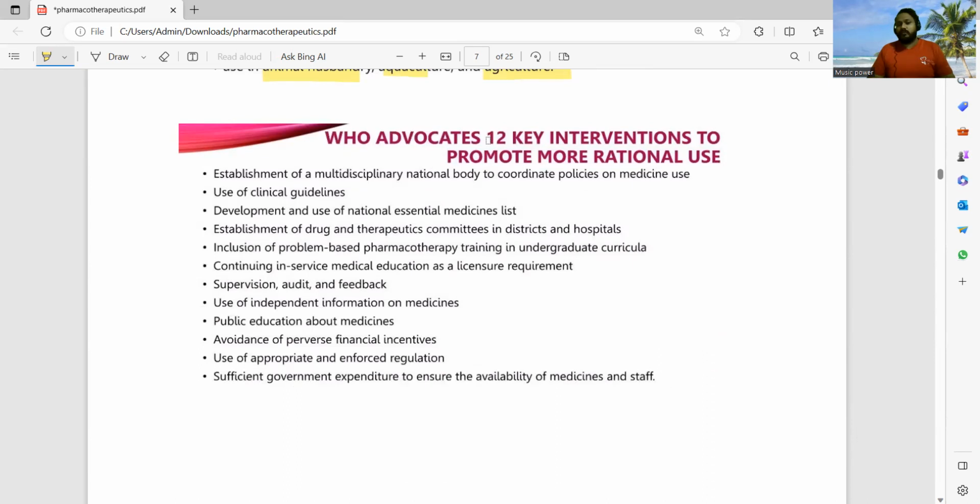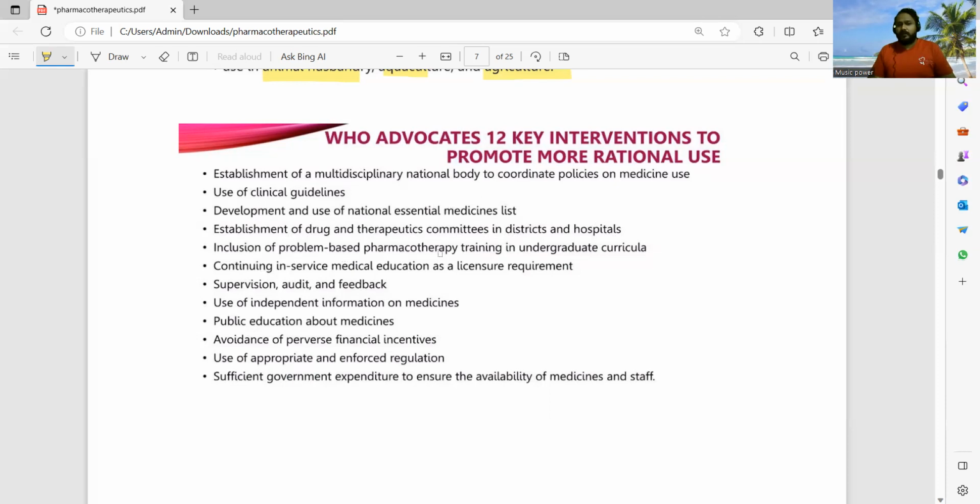WHO advocates 12 key interventions to promote more rational use of drugs. First is to establish a multidisciplinary national body to coordinate policies on medicine use, use of clinical guidelines, and development and use of a national essential medicine list, establishment of drugs and therapeutic committees in the district and government hospitals at different levels, primary and community healthcare centers.